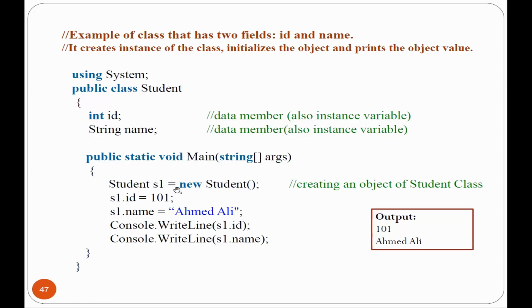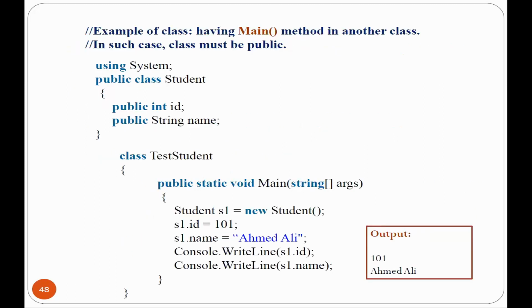So we create an object for a student class and we access the data members of the class. After that, the main body is closed and the class is closed. Second program: in this program and the last program, we have one change here. Here we have created one class to separate the data members and one class to separate the main body.